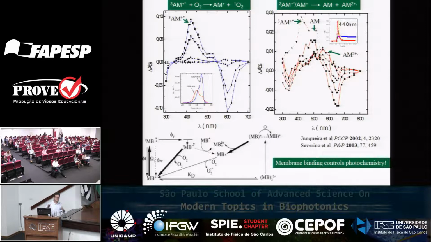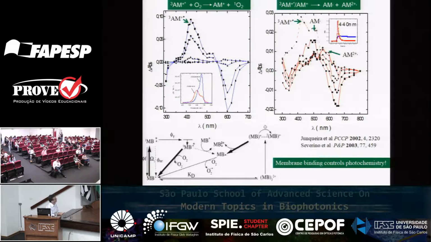And someone yesterday asked me about the spectral features of methylene blue, so I decided to show it here. Methylene blue makes triplet species, and we can see the triplet absorption spectrum. So what happens is we make the triplet, we shine another light, and we see the absorption of this transient species. This is the clear absorption spectrum of triplet methylene blue.